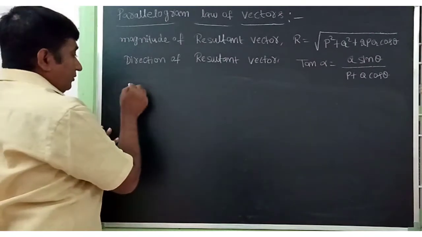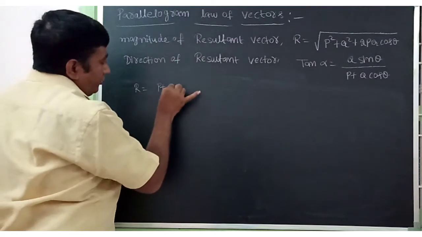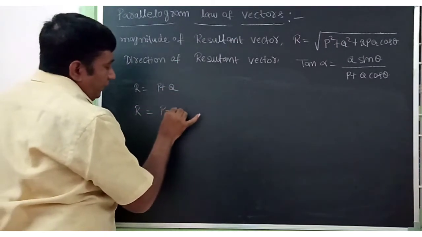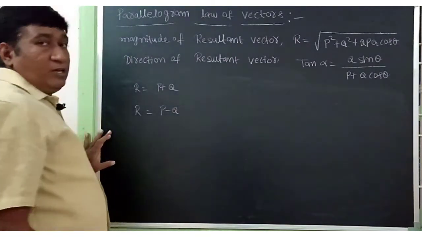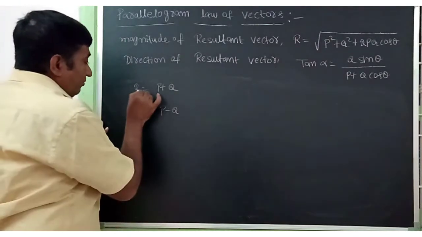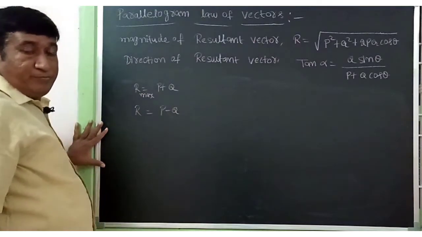You have observed that in the first case, R is equal to p plus q. In the second case, R is equal to p minus q. So whenever they are parallel, the resultant is maximum, which we take as R maximum.